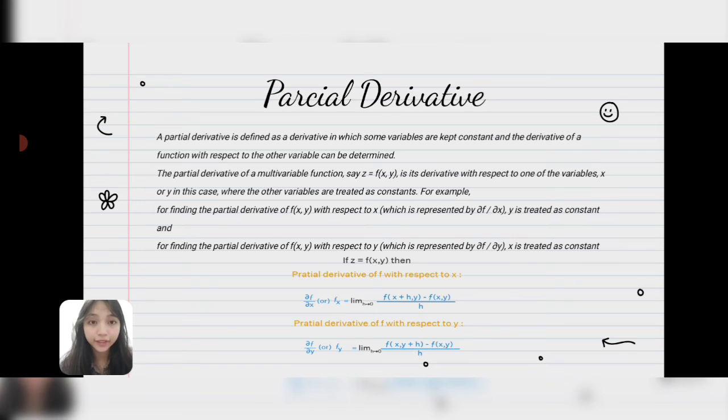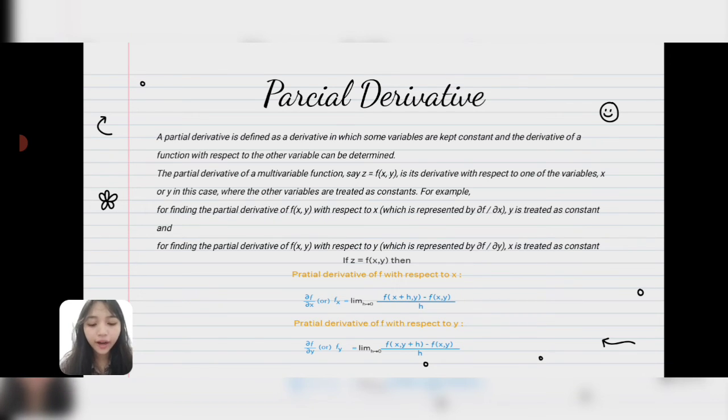And for finding the partial derivative of f(x, y) with respect to y, which is represented by ∂f/∂y, x is treated as a constant.